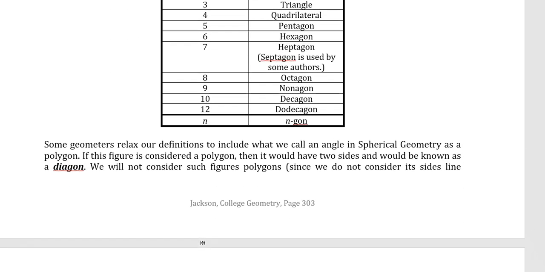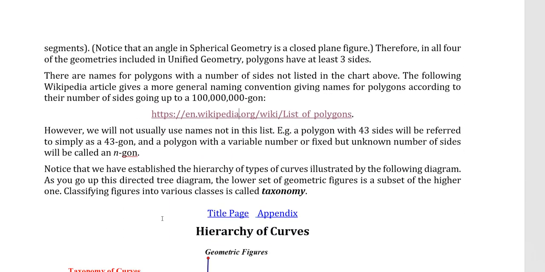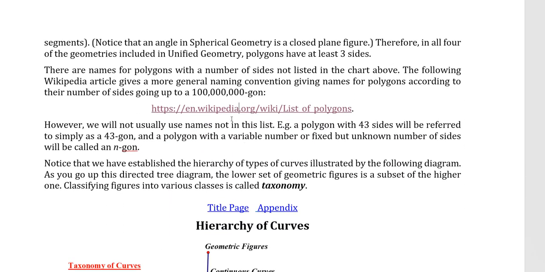And any others, we're just going to call them an n-gon. For example, if it's got 43 sides, instead of naming it however it was named in that list of polygons, we're just going to name it a 43-gon. And if we don't know how many sides it is, it has a fixed number of sides, but we don't know how many, then we'll just call it an n-gon.